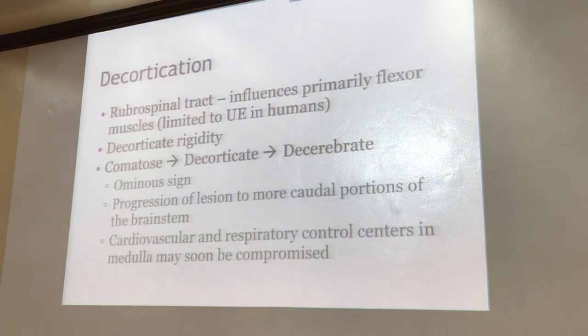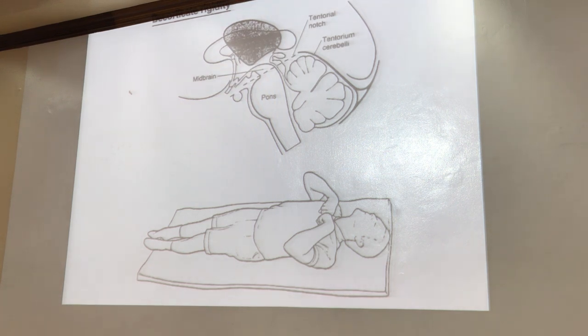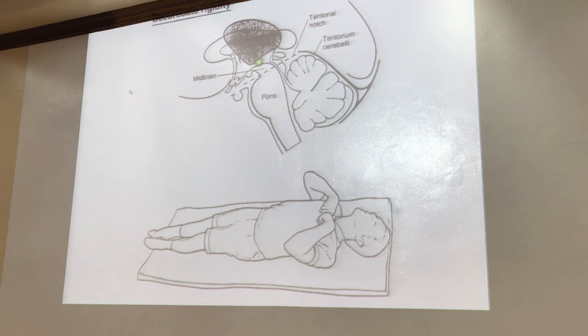Say, you have a patient with a large hemorrhage in this part, okay? A big hemorrhage in the area of the thalamus, and close to the midbrain. But the red nucleus has not yet been affected or transected.